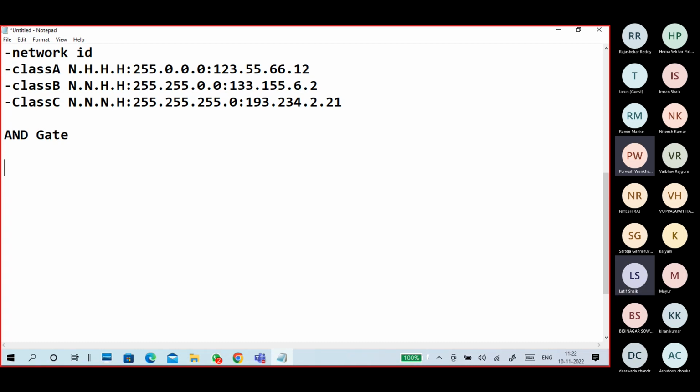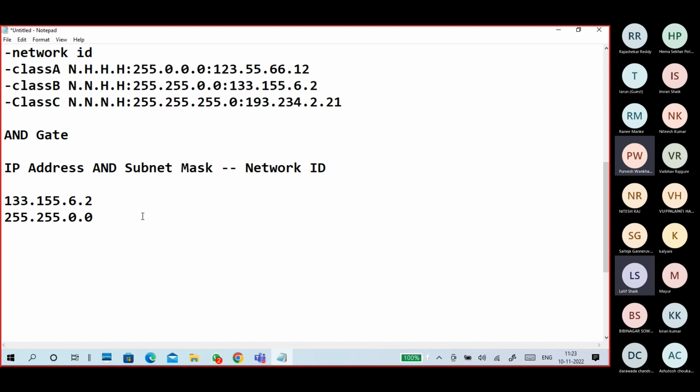AND operation means your IP address AND operation with your subnet mask. So you'll get a network ID. For example, 133.155.6.2 and the subnet mask.